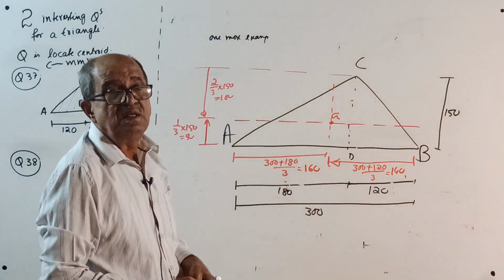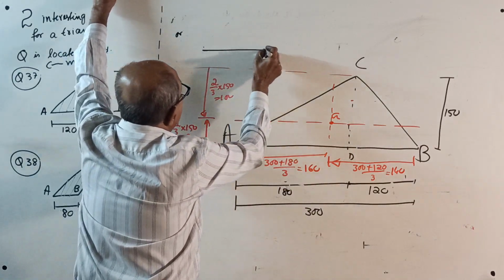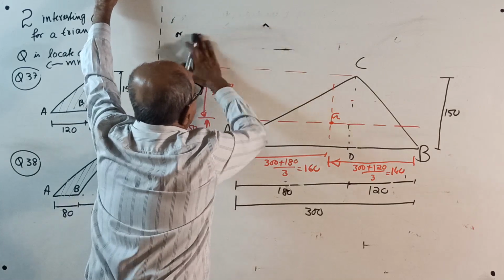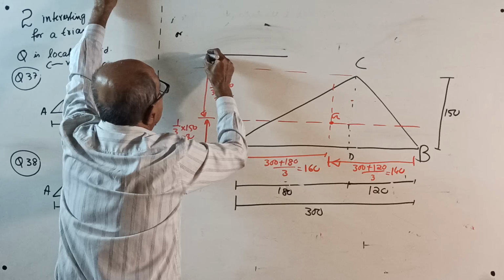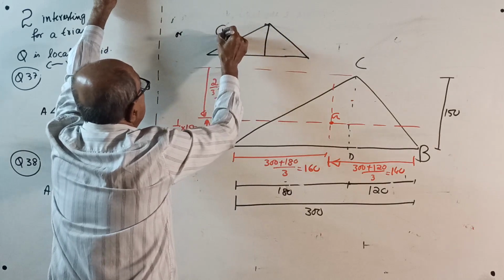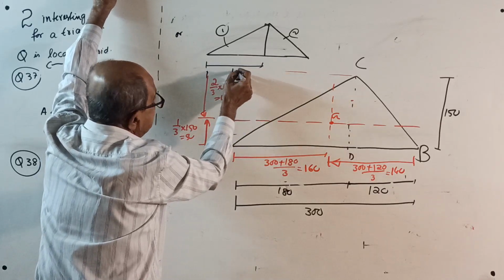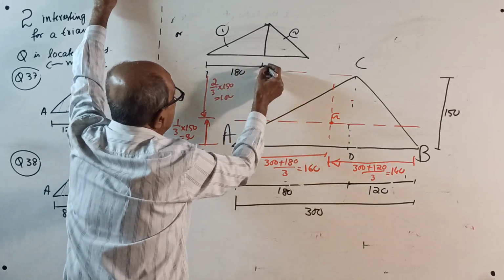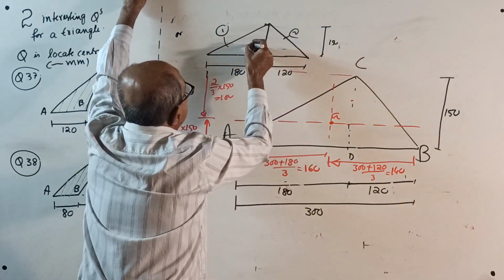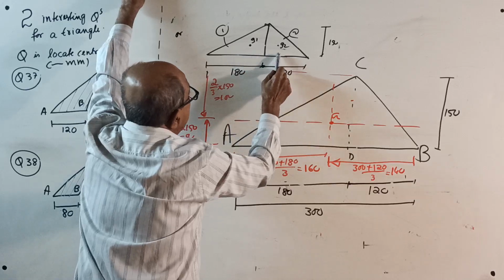Make a note. Suppose you got difficulty, do one thing. Take figure number 1, take figure number 2. Base 180, 120, height 150, G1, G2, 2 by 3, 1 by 3.